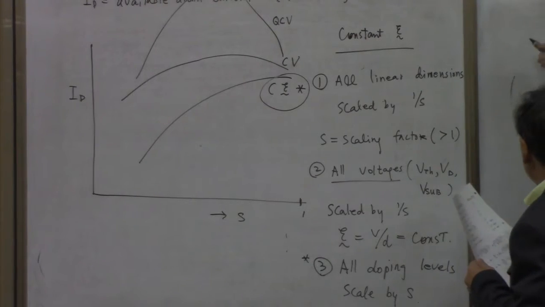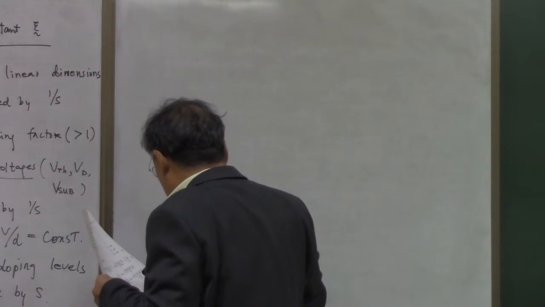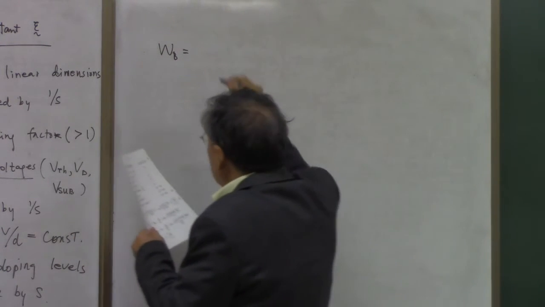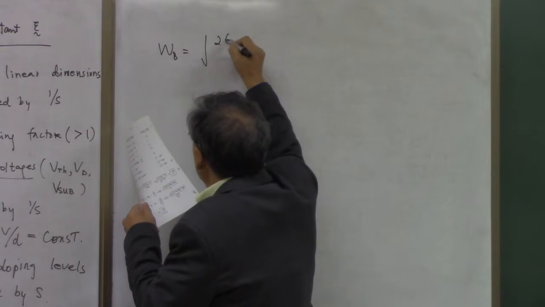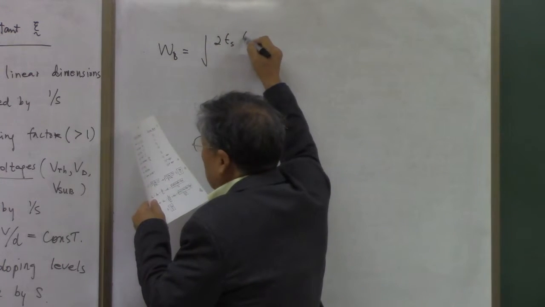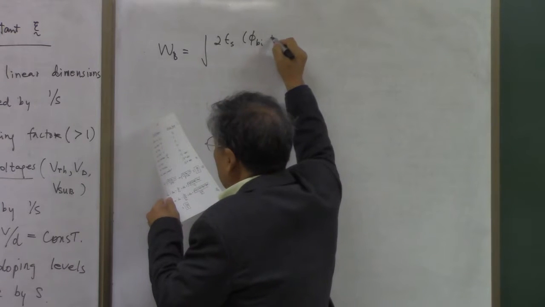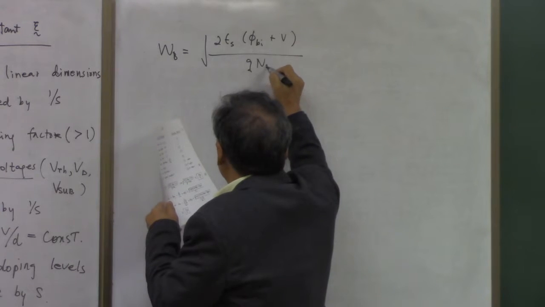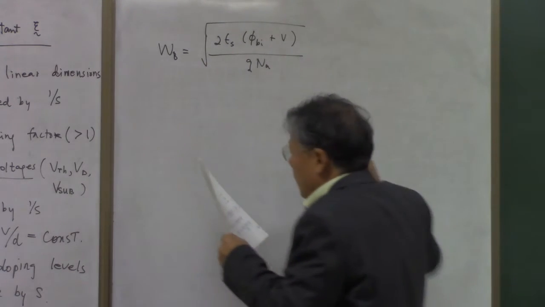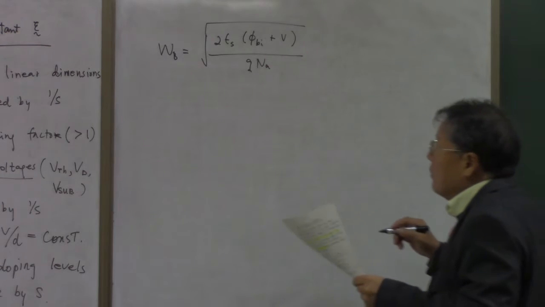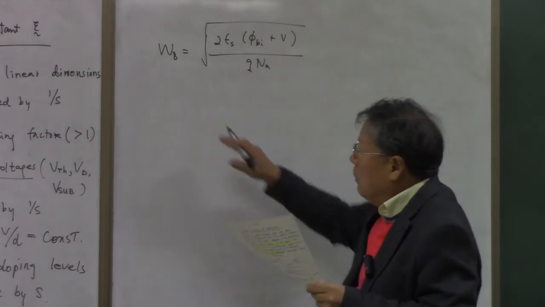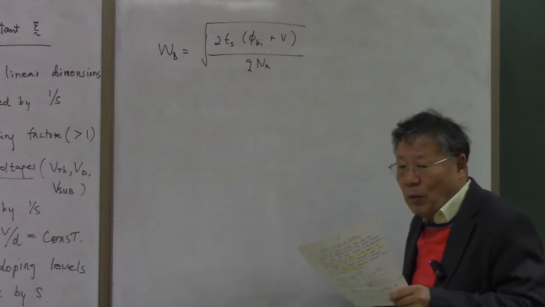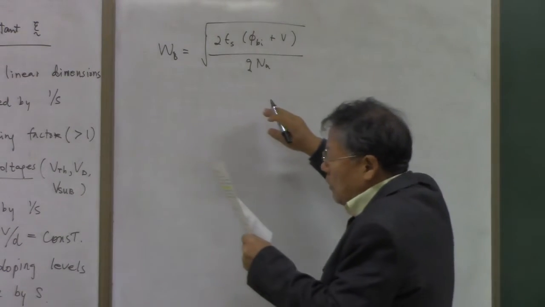For example, the depletion width, WB, is related to the equation with Q and A. This is the equation that we have. Now, if we scale down the device, let's see what happens to this WB.